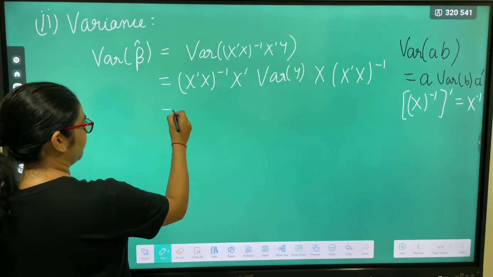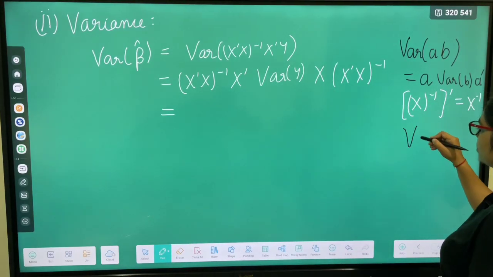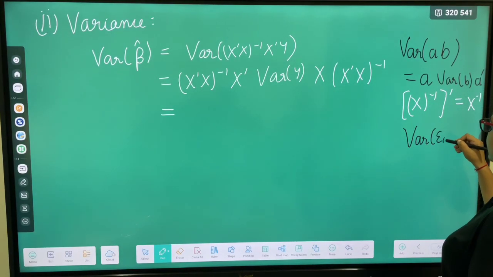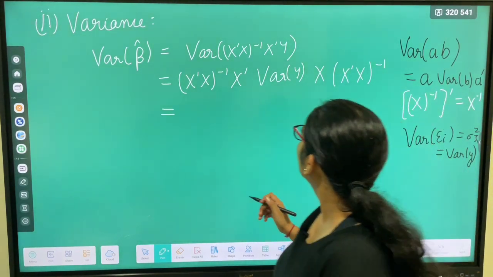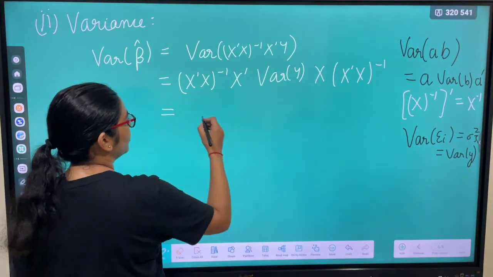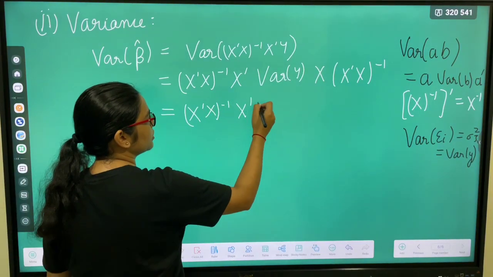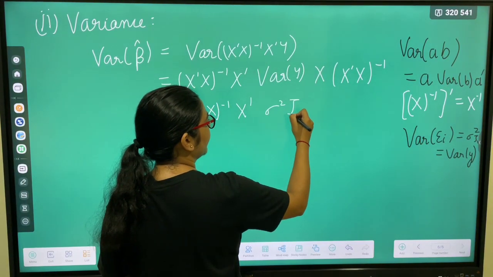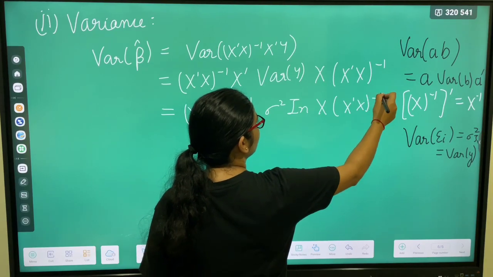Now variance of y: since variance of epsilon i is equal to sigma square I n, which is equal to variance of y. Now putting the values here, x dash x inverse into x dash sigma square I n into x x dash x inverse.